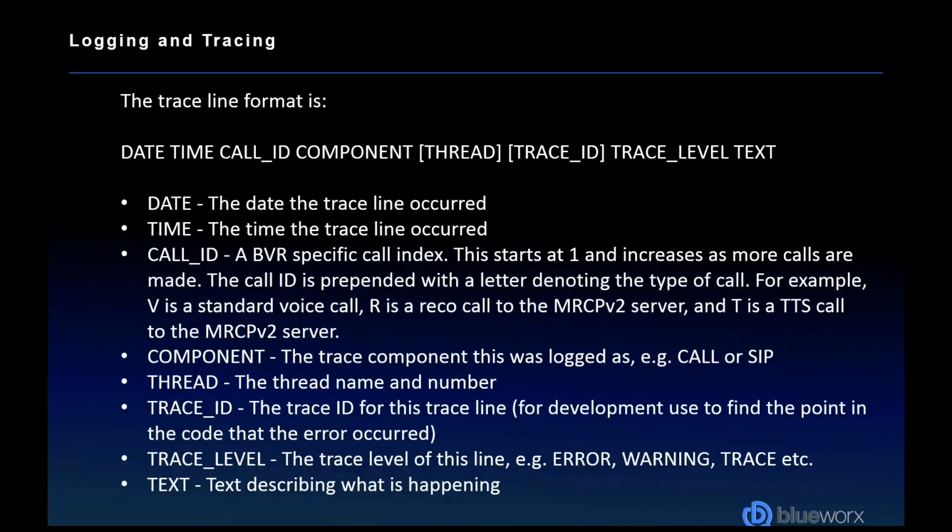So for standard voice calls, we have BC. As I mentioned before, MRCP TTS and RECO are counted as if they are calls. So if it's a RECO call, it will be RC, and if it's a TTS call, it will be TC. It just allows you to see better exactly what that call is supposed to be doing.